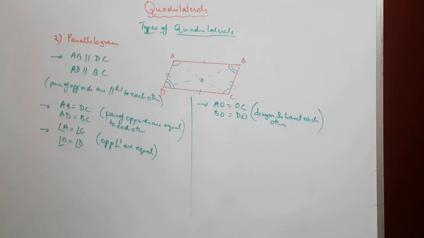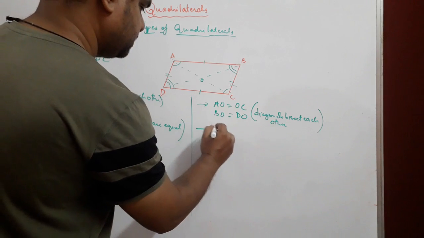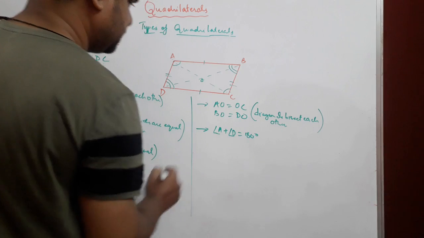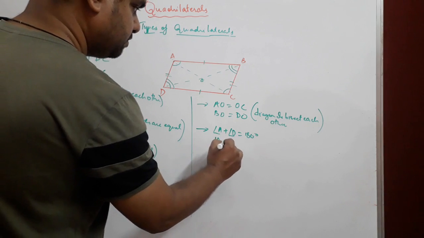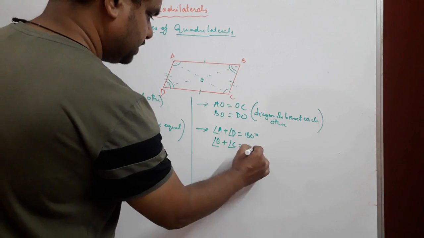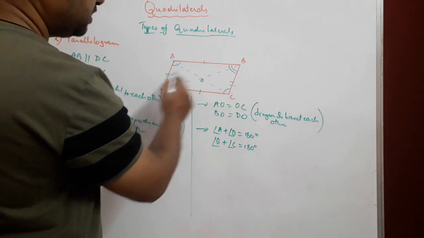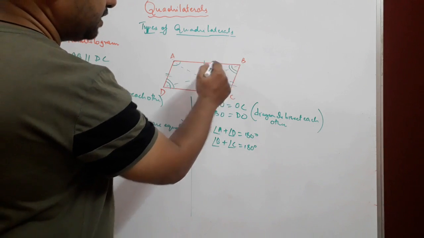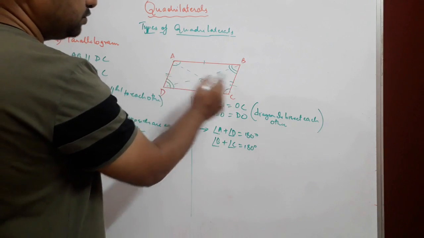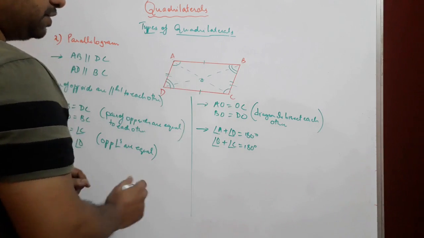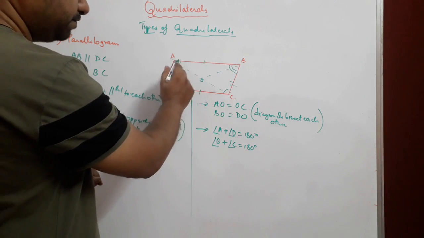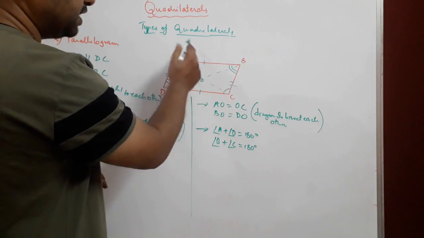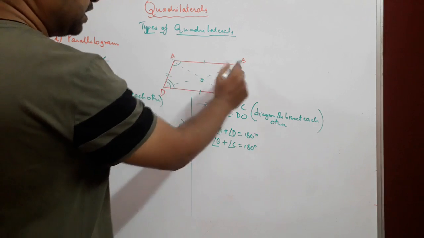There is another fact: angle A plus angle D will be equal to 180 degrees and angle B plus angle C will be equal to 180 degrees. Why? These are two parallel lines, right? If you look at just these two sides, AB and DC, these two are actually transversals.